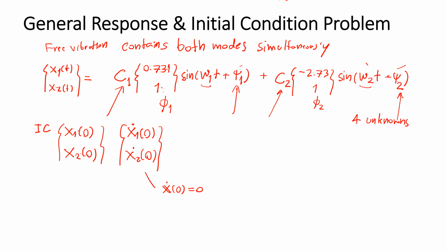If the initial condition is close to the first amplitude ratio, when we solve the equation, the value of C2 will be close to 0, because the equation should be like the in-phase vibration of both two masses.